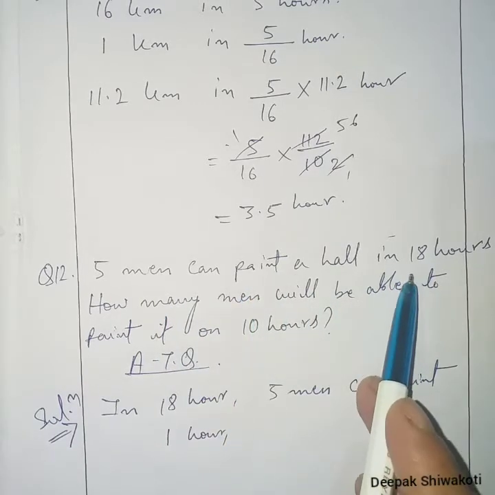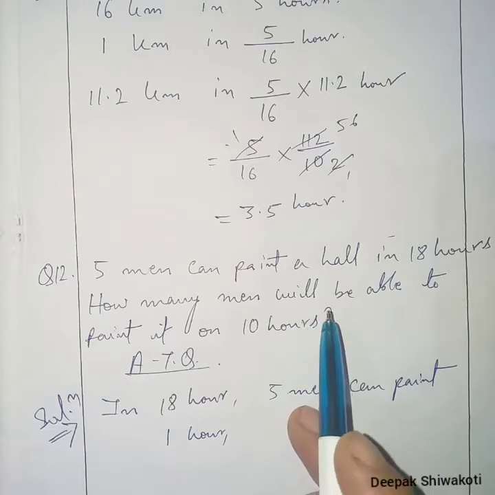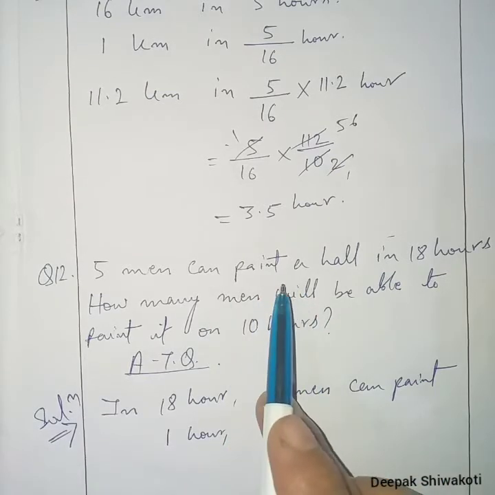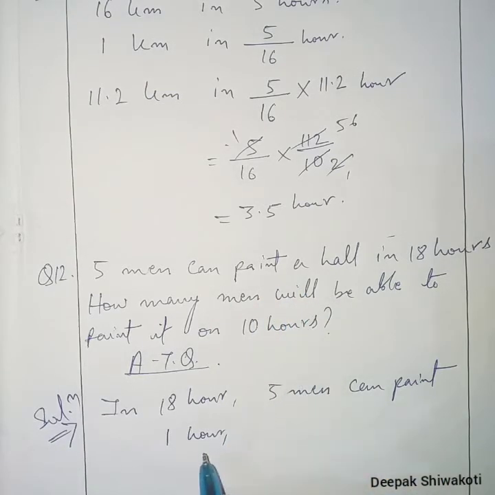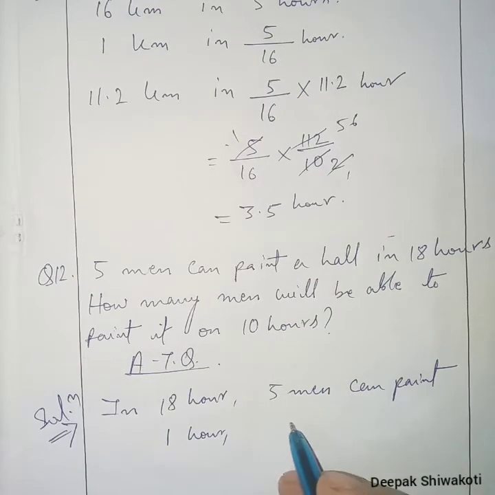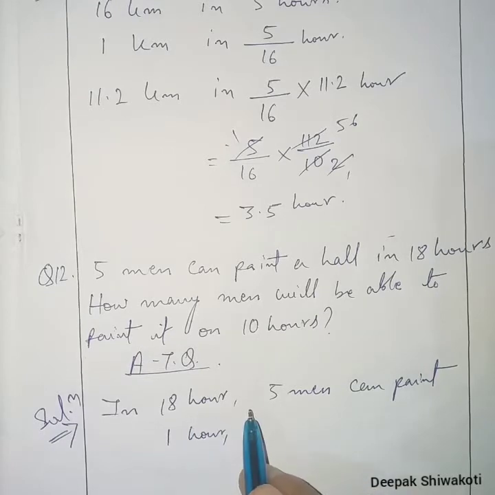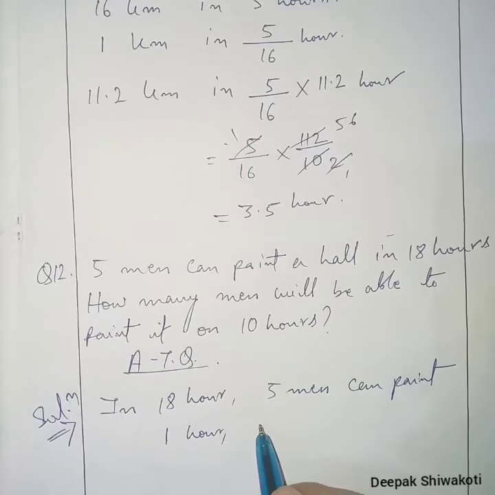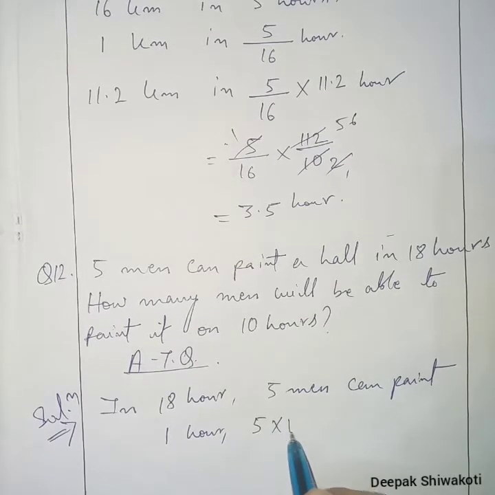So in less hour more men will require to complete the same work, isn't it? So in 1 hour number of men will be more than this, that is the men working for 18 hour. So 1 hour will be 5 into 18 men. Try to understand this properly.